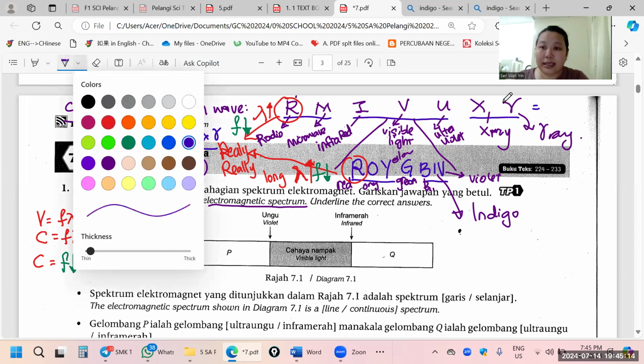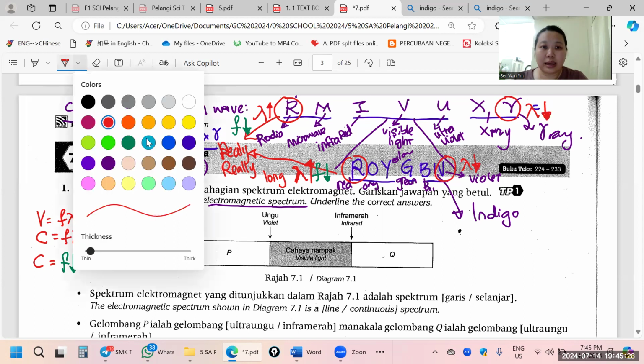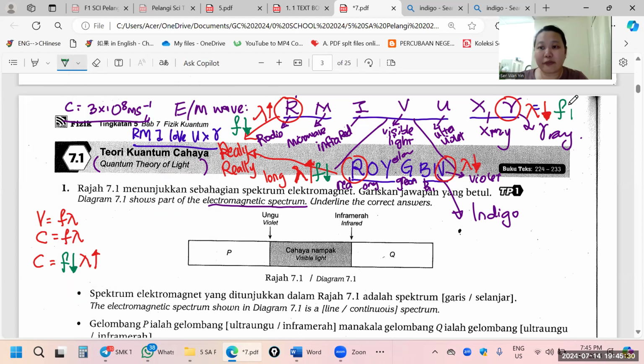Okay. Then now this one. That's why at the other end, your right-hand side, the lambda is the shortest. It means it has the highest frequency. You jot down already?